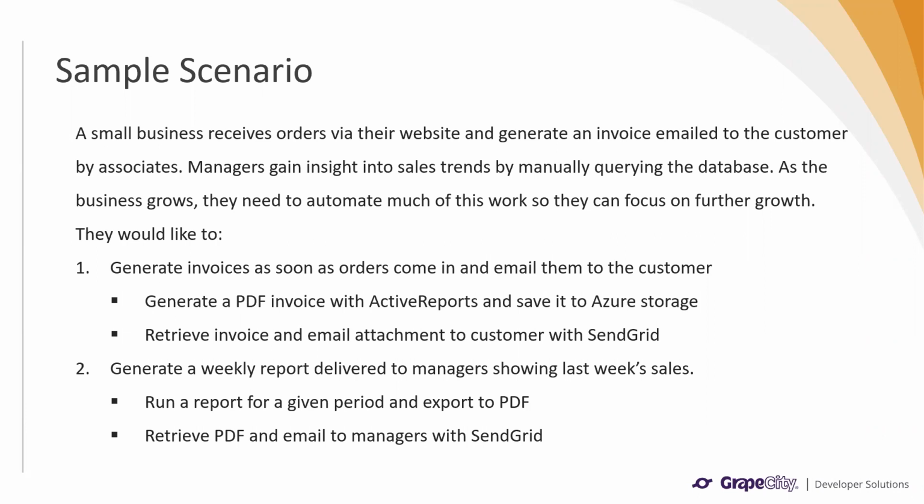When a customer places an order, there is a queue where the order is generated and taken, and a PDF invoice is generated using ActiveReports, and that PDF invoice is saved in Azure storage. Then an email is generated with this PDF as an attachment and sent to the customer with SendGrid.